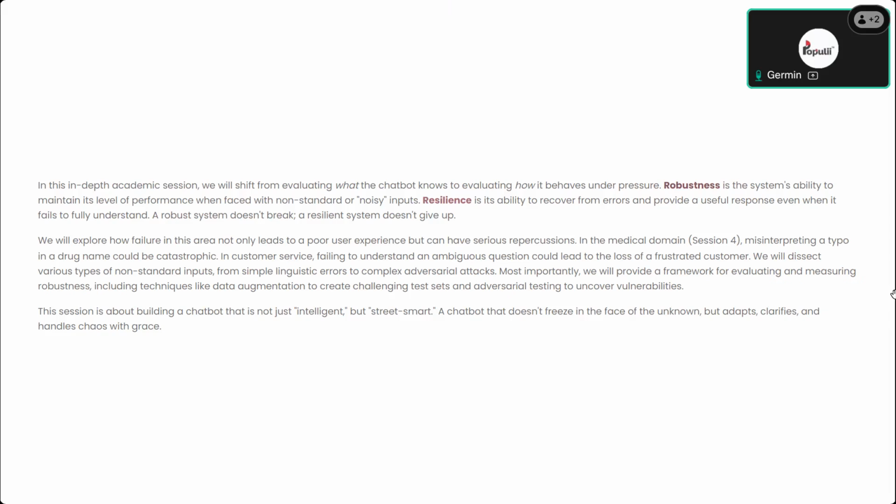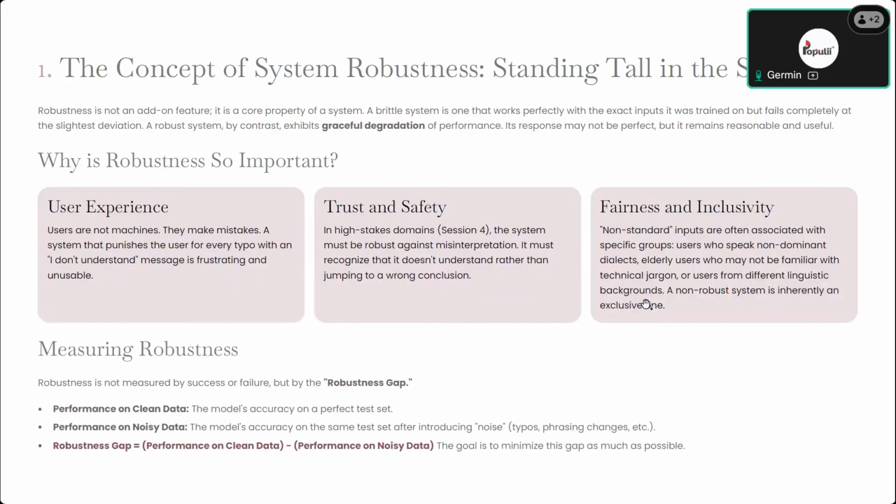So let's start with a core idea, which is robustness. Actually, robustness is not an optional feature or an extra layer we add at the end. It is a core property of any well-designed system. Think about it in this way. A brittle system works perfectly only when it gets the exact kind of input it was trained on.